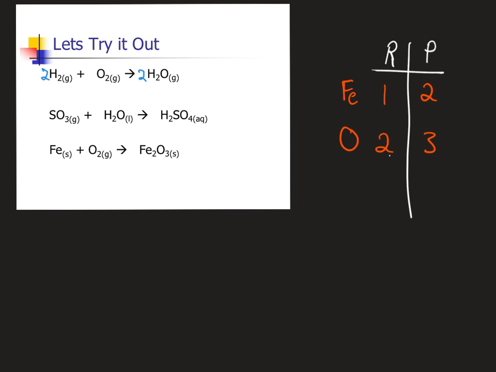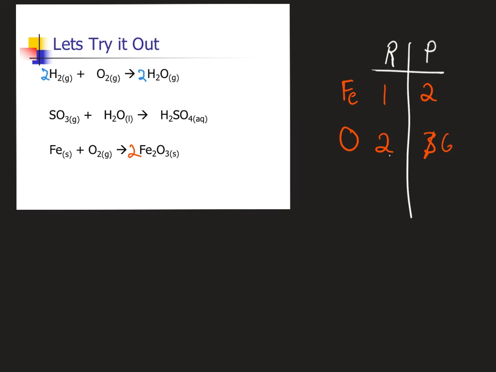But this one is one of those ones where oxygen first is maybe the preferred. And so we see that it's a 2 and a 3. Least common multiple between 2 and 3, 6. What do I have to multiply 3 by to get 6? 2.